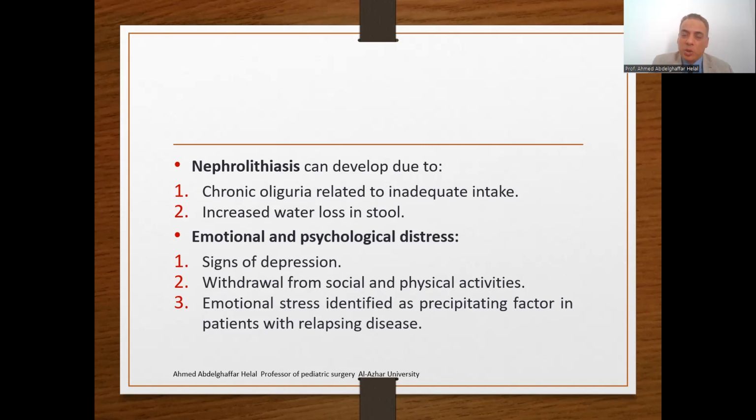So the treatment of these children must be performed in a multidisciplinary approach, and the pediatric surgeon must consult psychologists and psychotherapy for these children to treat or avoid the development of emotional and psychological distress.